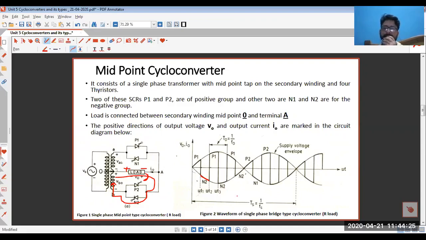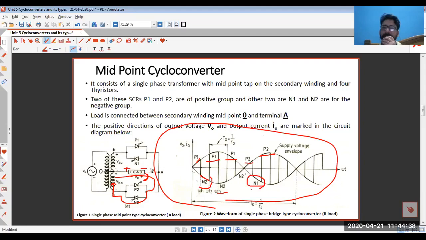You can see from this waveform, complete waveform, all the positive P1, P1, P2, P2 are following the positive envelope of the supply, and all the N2, N2, N1 are following the negative envelope of the supply, and that is why we call them positive group of SCRs and negative group of SCRs, because due to positive group of SCRs, the current that flows through load and the voltage that appears across load, means I node and V node, are positive, okay, according to the reference direction, right?